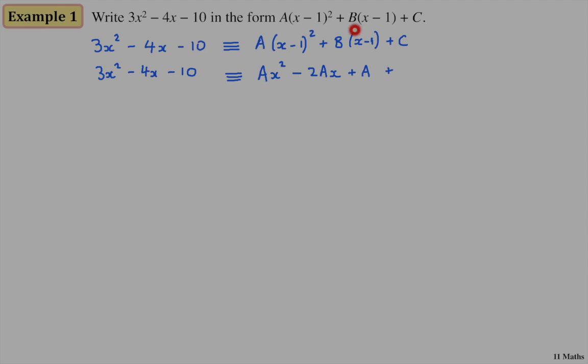Now I'm going to multiply this b into this bracket. So I'll get plus bx minus b plus c. Now this next step's not required, but it makes it a bit easier to see. What I'm going to do is write any term that has x squared first.